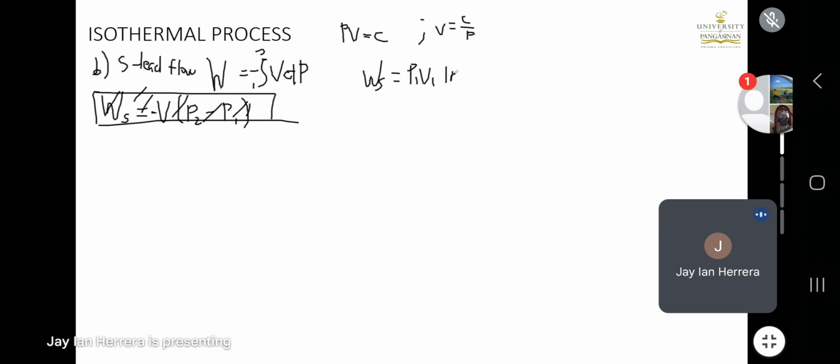So PV ln of V2 over V1. Ganun din sa kanina. Work steady flow is yung mRT ln of V2 over V1.